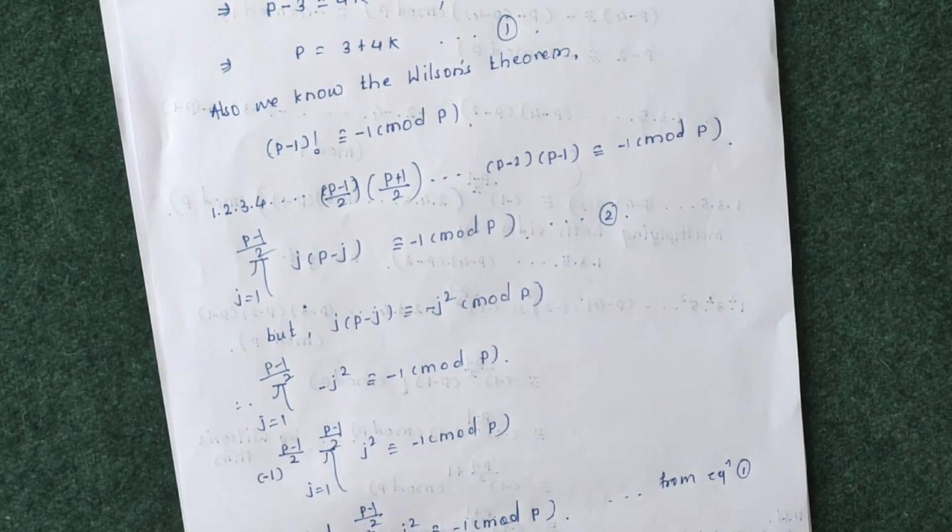So, simplifying this we get 1 + 2k, that is (2+4k)/2 is 1 + 2k.